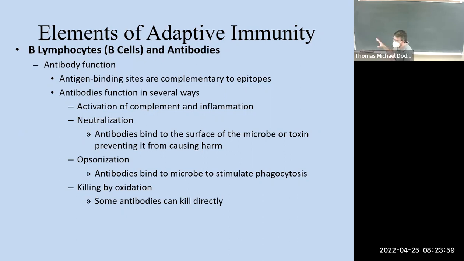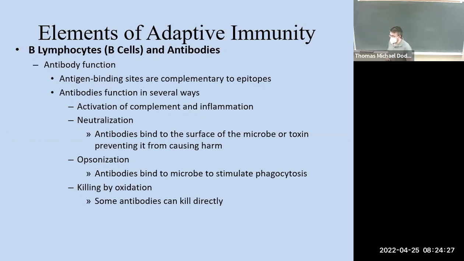So we already talked about what this does, when we talked about neutralization and opsonization before. Remember the diagram I showed you of the 5 ways the antibodies can attach? Sometimes they surround it, sometimes they kill it directly, sometimes they attach to one and then another, causing a big clump.